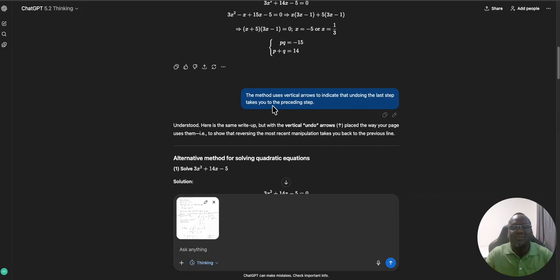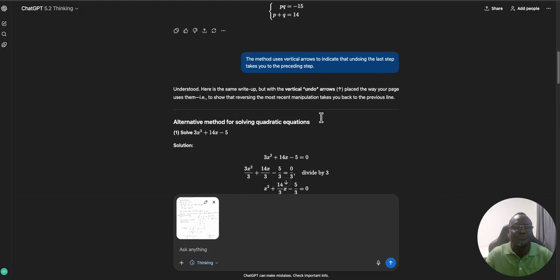And then I said, okay, the method uses vertical arrows to indicate that undoing the last step takes you to the preceding step. And then it says understood. Here is the same write-up, but with the vertical undo arrows placed the way your page uses them, showing that reversing the most recent manipulation takes you back to the previous line.